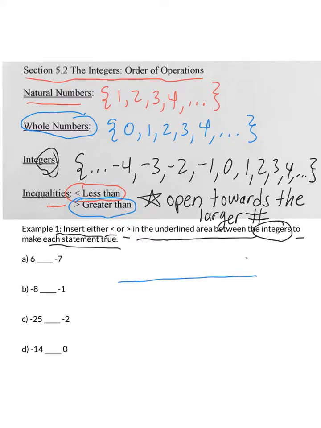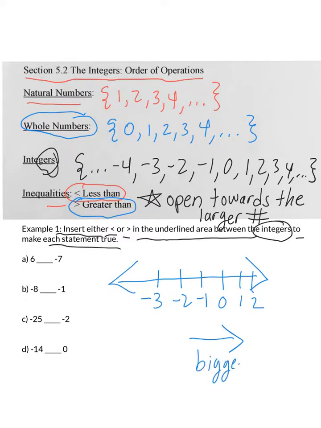So for example, if I'm drawing a number line here in blue, so -3, I'll just throw a few numbers on my number line here. But you can see the further right you go on the number line, the bigger the number is. Whereas, obviously, if you go to the left on a number line, you're going to encounter the smaller numbers.